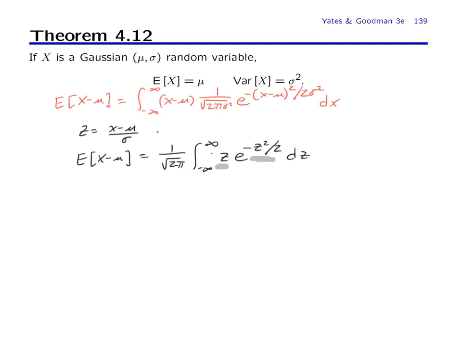What you need to realize is that z is an odd function, reversely symmetric around the origin, and e to the minus z squared over 2 is an even function, and the product of an even function and an odd function is an odd function, and the integral of an odd function over minus infinity to infinity is 0. Essentially, the integral from minus infinity to 0 cancels out the integral from 0 to infinity.